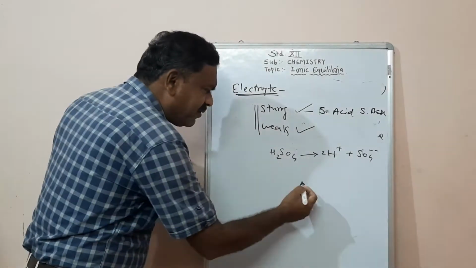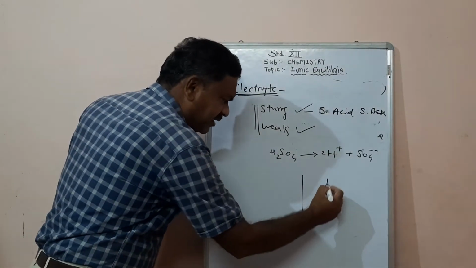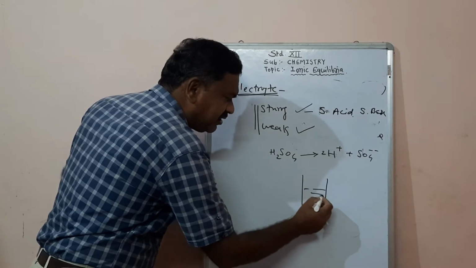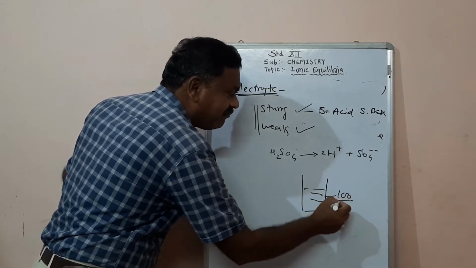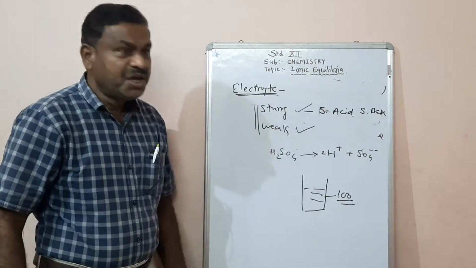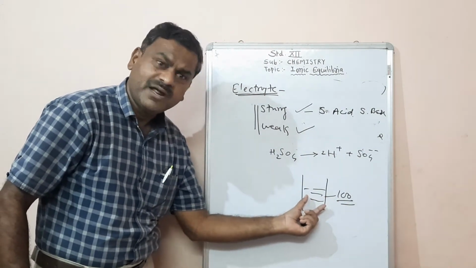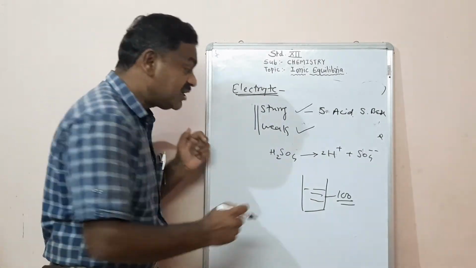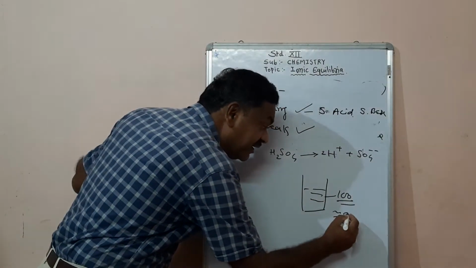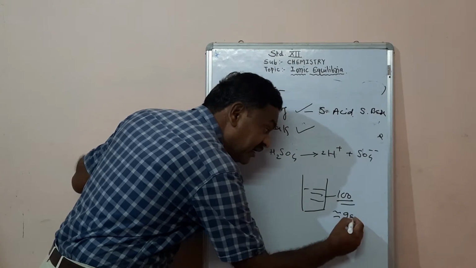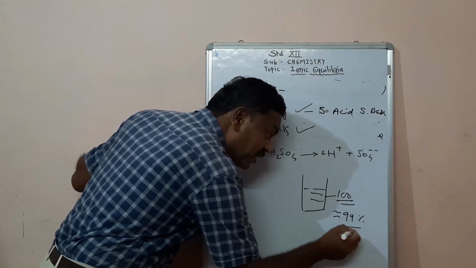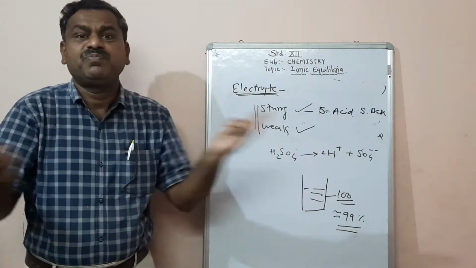Now, for example, suppose you take one container that contains 100 molecules of a strong electrolyte. Out of these 100 molecules, nearly 99, or 99%, will be dissociated.